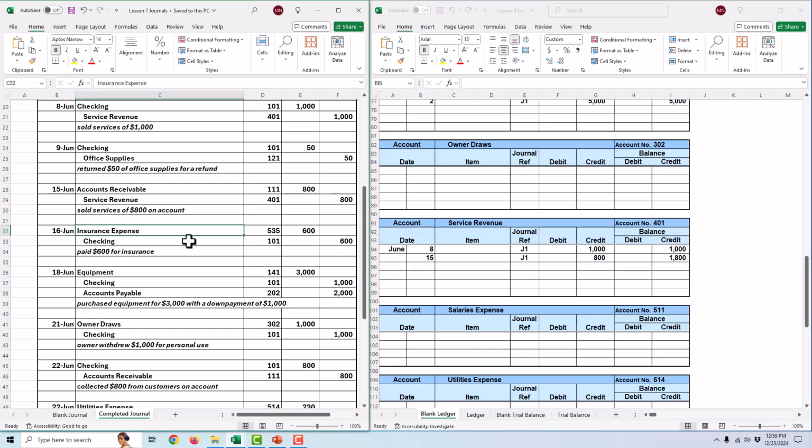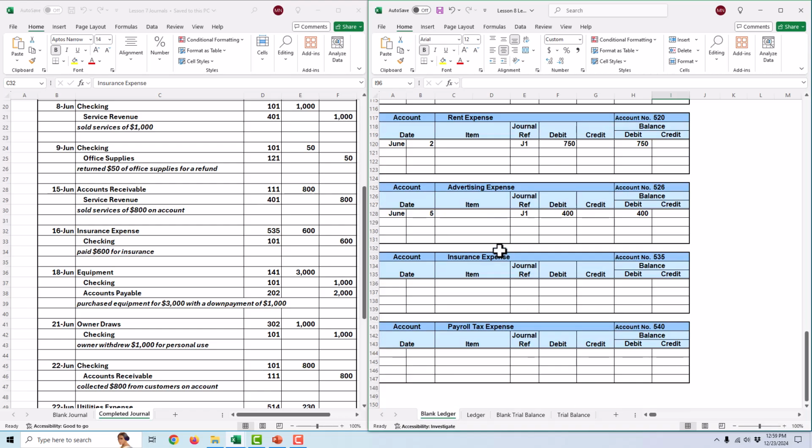The next one was a debit to insurance expense, credit to checking. So I would find insurance expense, put in the date. The journal reference is just J1. It was this $600 debit. And since there's nothing else here, no beginning balances, no prior transactions, the $600 would also be the debit running balance over here.